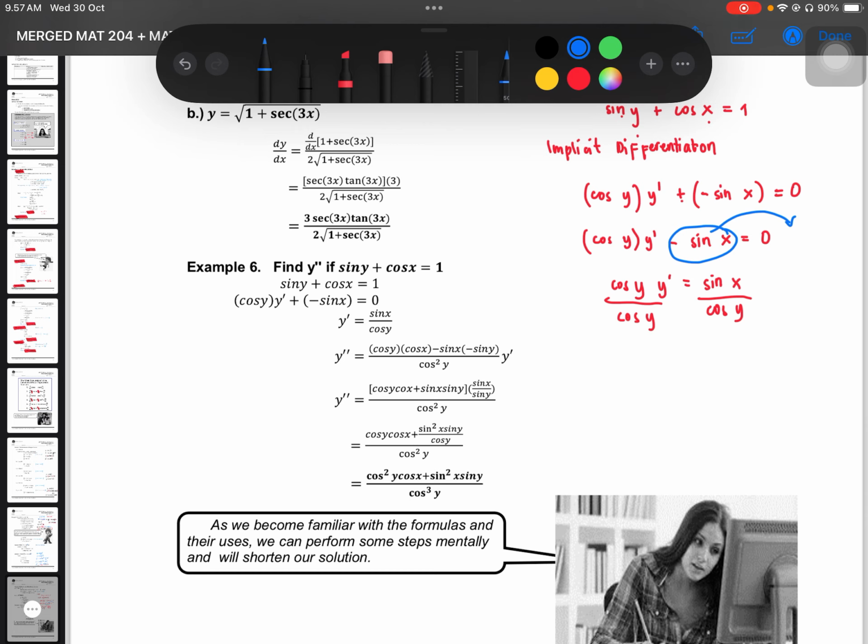Para ma-cancel si cosine y, matitira na lang sa atin is that y prime is equal to sine x over cosine y. Okay. So, hindi natin siya pwedeng palitan as tangent, di ba? Kasi they have different values of u, which is ito sa taas x, ito naman y sa baba.